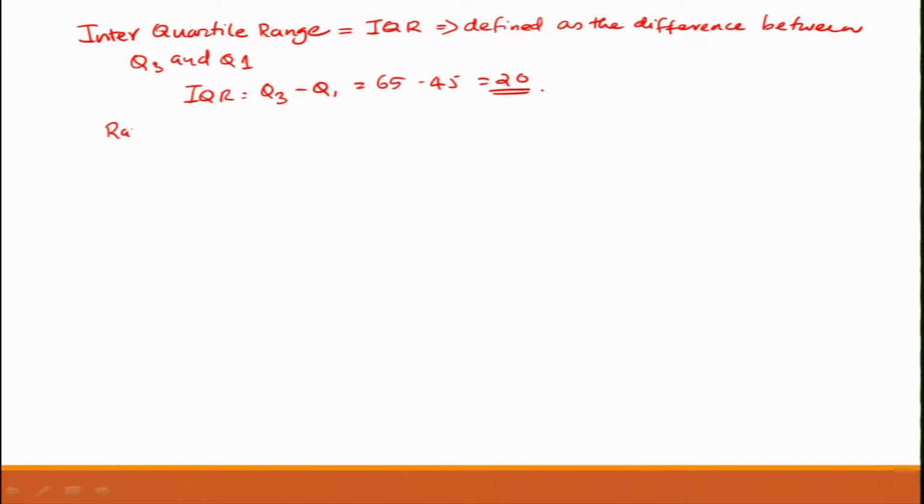So, what is the range of the data? Range of data is equal to max value minus minimum value, which is 80 minus 30, which is 50. So, the IQR is the range between Q3 and Q1, whereas the data range is between the min and the max value.